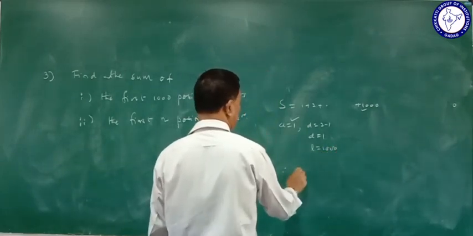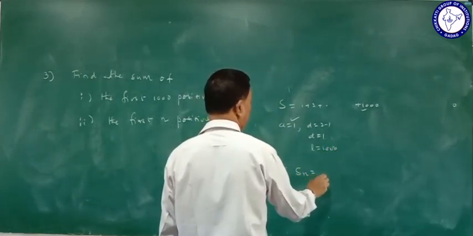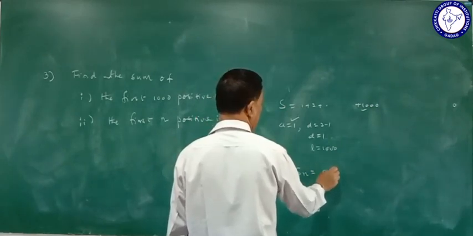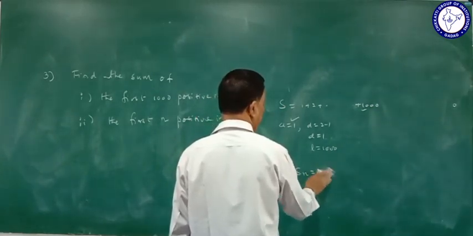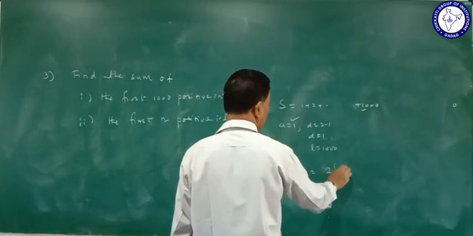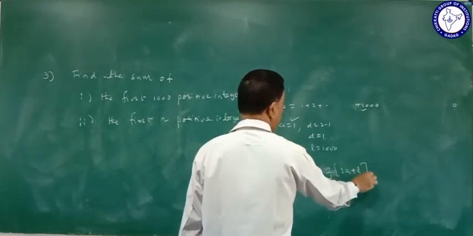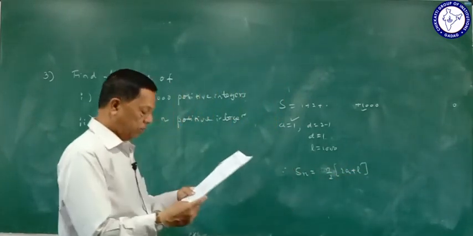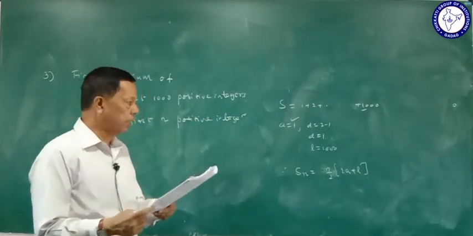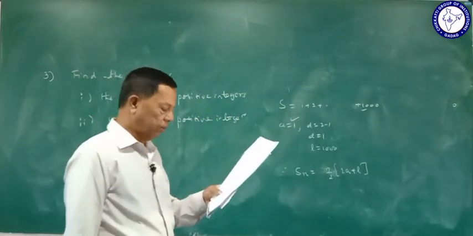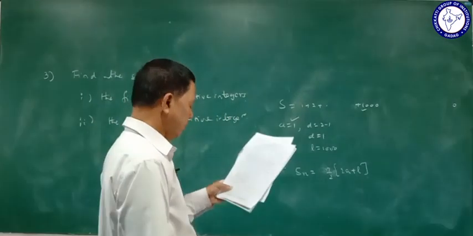What is the formula? The formula is S_n equals n by 2 into (2a plus L)... rather, n by 2 (a plus L). This formula I already told you in the beginning, and accordingly we can calculate the result.